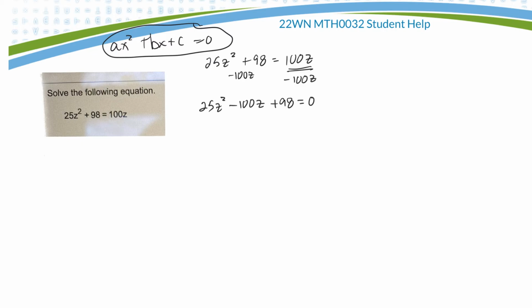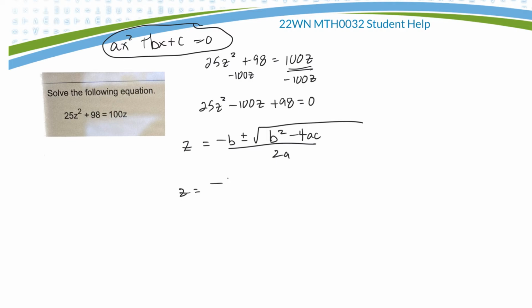Okay, so now if I use the quadratic formula, my answers, in this case it'll be z, is equal to minus b plus or minus square root b squared minus 4ac all over 2a.